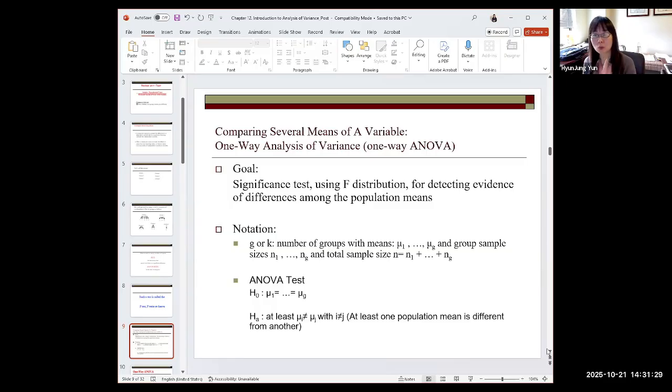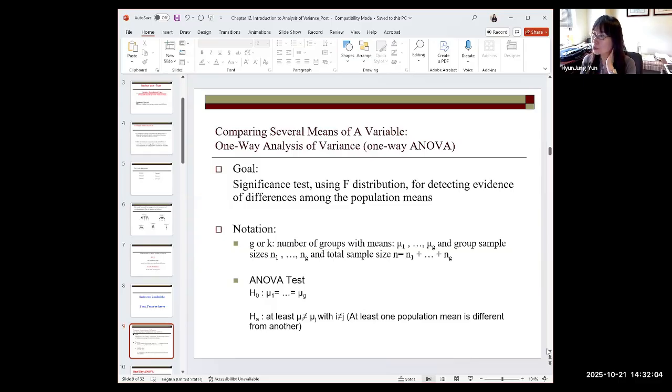We're going to talk about one-way ANOVA this week. Next week, we're going to talk about multi-factor, two-way, and three-way ANOVA tests, as well as repeated measures ANOVA. So we compare different groups under one variable. To understand the structure of the statistics, I want to make sure we are on the same page about the notation.